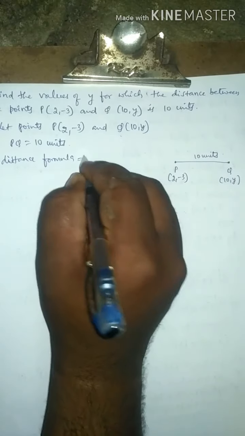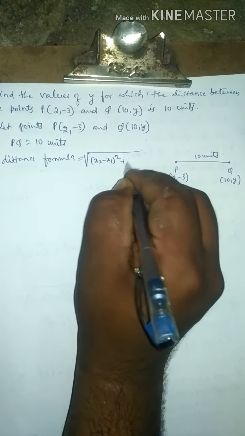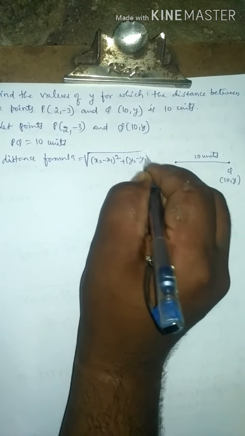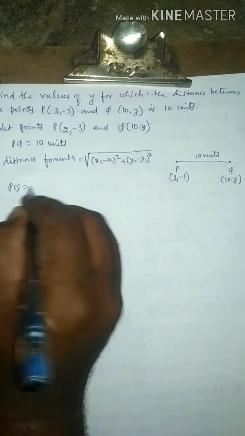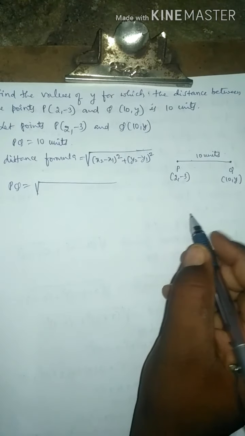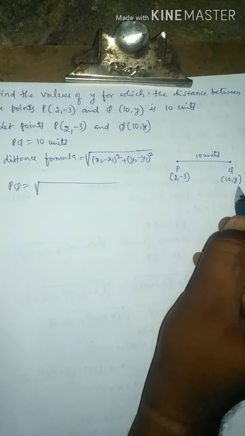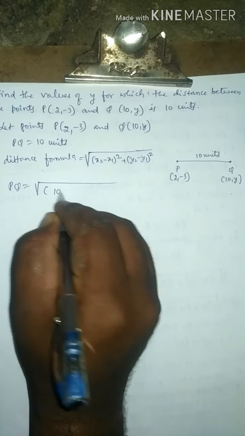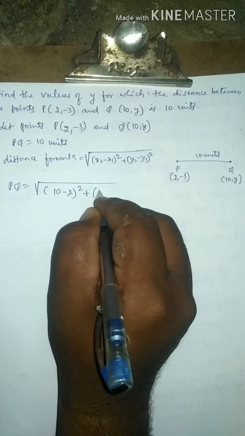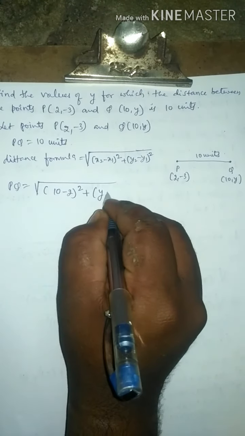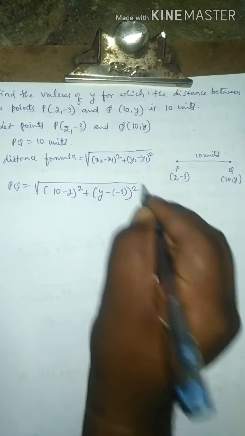Here what does the distance formula say? It is under root (x2 minus x1) whole square plus (y2 minus y1) whole square. So PQ is equal to under root. Here if I take this one as x1, y1 and this one as x2, y2, then how to write? (10 minus 2) whole square plus y, I wrote as it is, minus of minus 3 whole square.